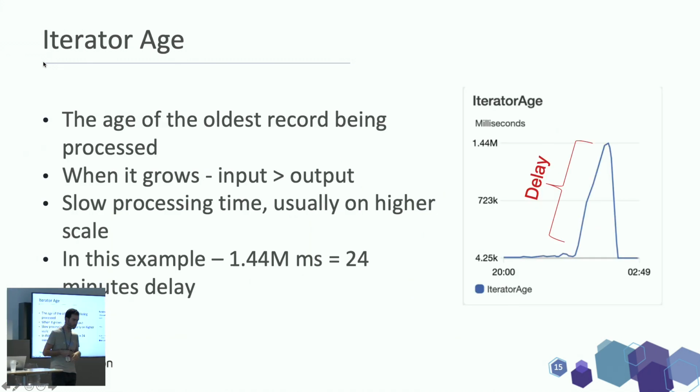So these were DLQs. And another thing to note, once we're having errors, I would say for me the most important metric to look at is Iterator Age. In other words, it says, what is the oldest record that I'm currently processing? And it means that when the Iterator Age metric is growing, it takes me more time to process the input than to generate output.